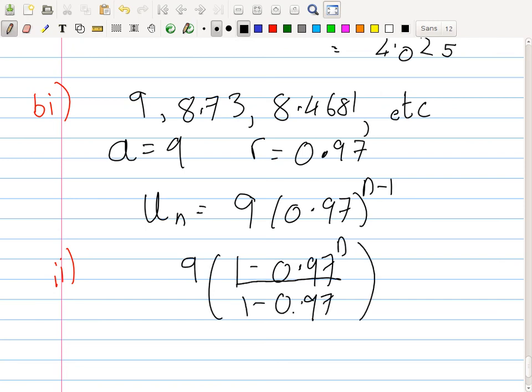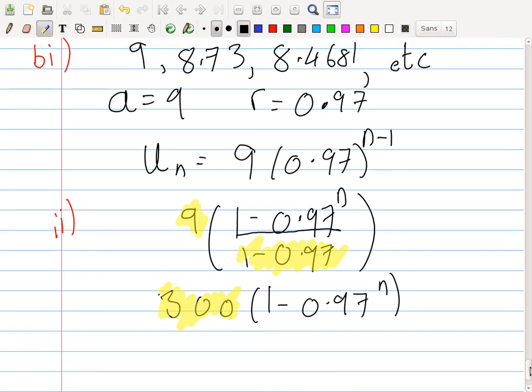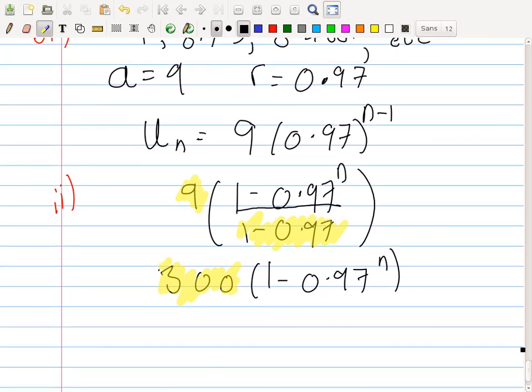Now, 1 minus 0.97 is going to be 0.03, which is 3 over 100, so 900 over 3, of course, is 300. So I get 300 here. Now, how did I get that? Well, all I did was on the calculator, you'd put in 9 divided by this, and it gives you this. You can check it on the calculator too.